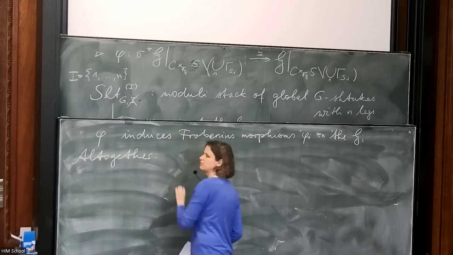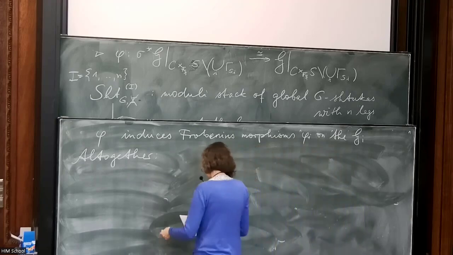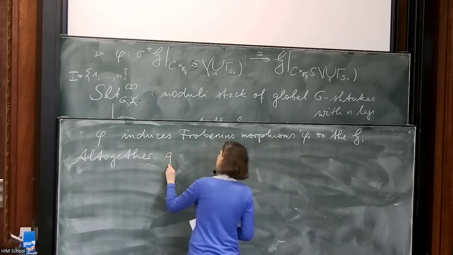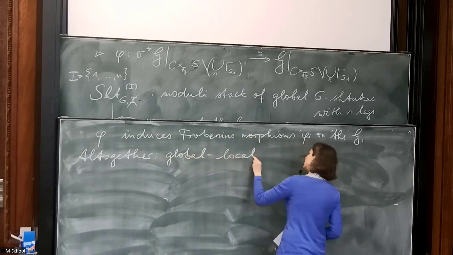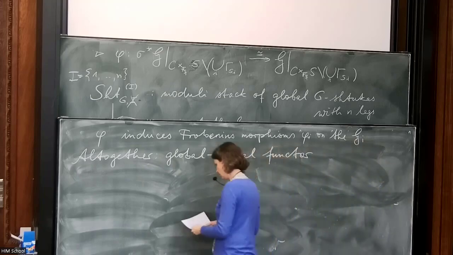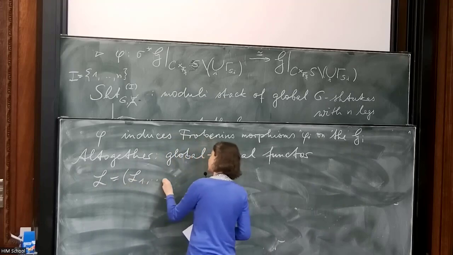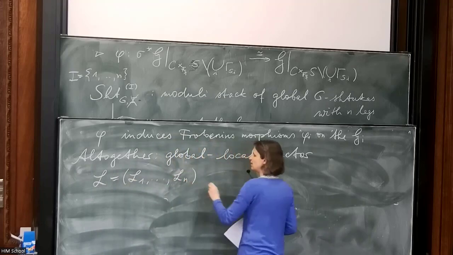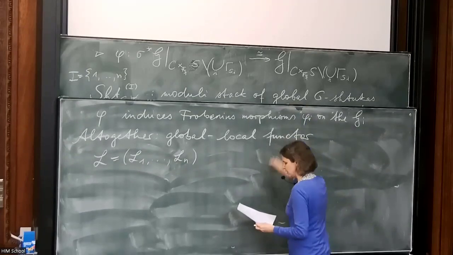this may be the first very basic relation between global and local: we get a global-local functor, maybe I call it L for local, and you consider this construction here for every leg separately.